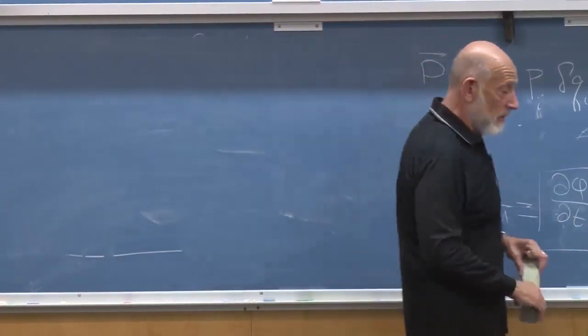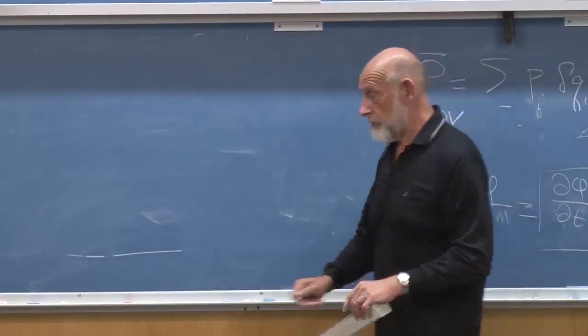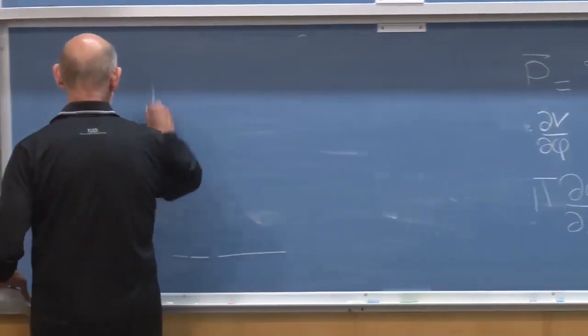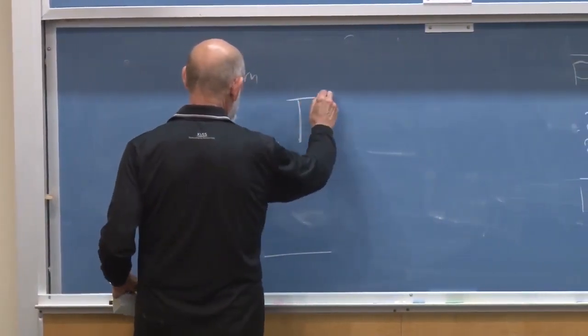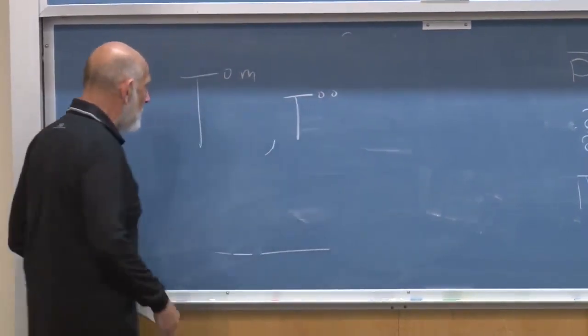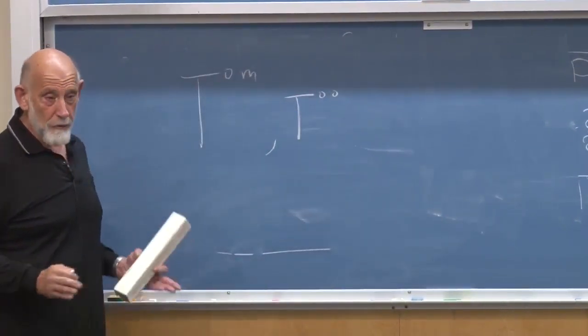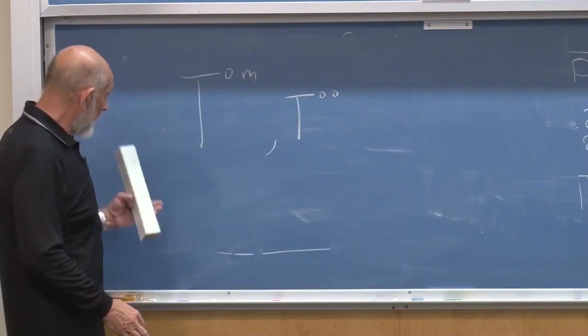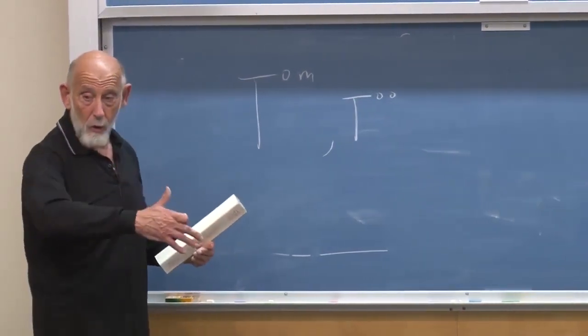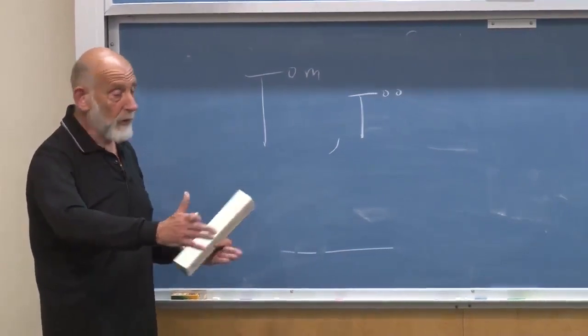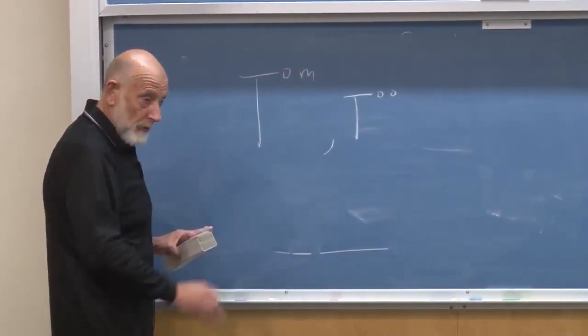These quantities, T naught mu and T naught naught, are some components of a thing called the energy-momentum tensor. The other components of it are associated with the flow of energy and momentum. Maybe we'll get a chance to talk about it tonight, I'm not sure.